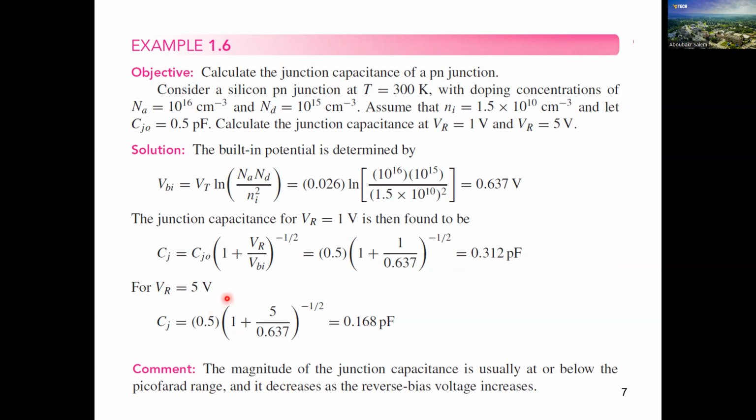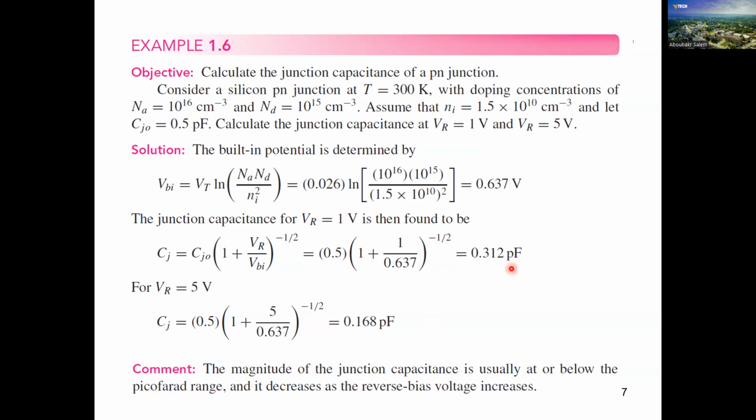If we apply 5 volts, this capacitance is going to be less. It's going to be 0.168 picofarad. So what's the meaning of that? As you can see, guys, when you apply voltages, the capacitance is decreasing. So the comment here is the magnitude of the junction capacitance is usually at or below the picofarad range.